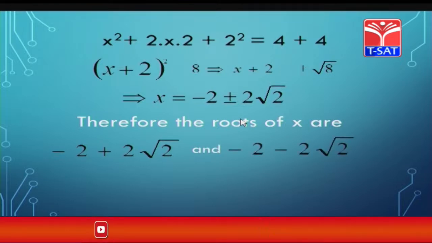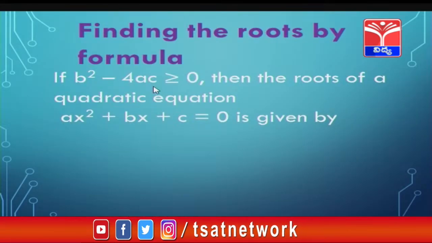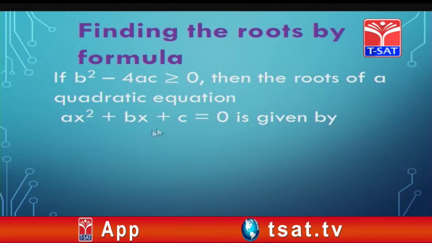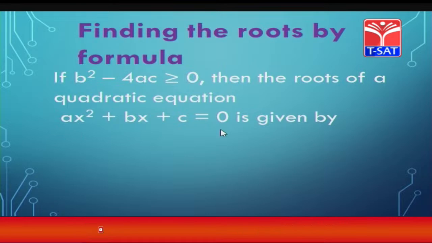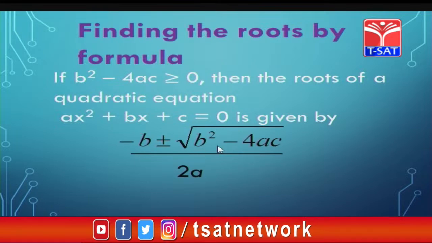Now, let us see how to find the roots of a quadratic equation using a formula. If b square minus 4ac is greater than or equal to 0, then the roots of the quadratic equation ax square plus bx plus c is equal to 0 are given by minus b plus or minus under root b square minus 4ac by 2a.